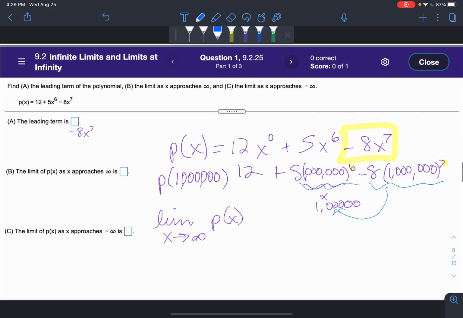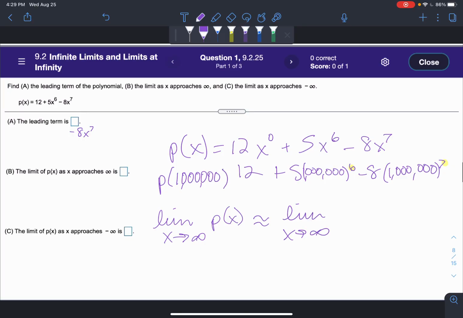Right? So that's why it's the leading term, because it's just going to absolutely overpower the other terms. And so that's why we can look at that term to determine what the end behavior of the function is. So the limit of p of x, you can really just say that it's equal to the limit as x goes to infinity of the leading term.